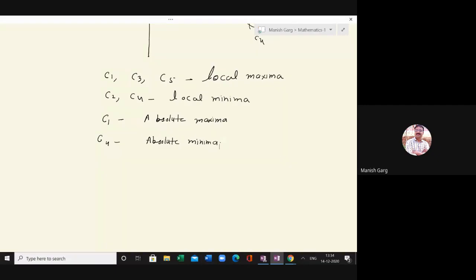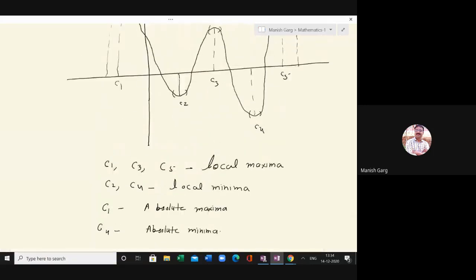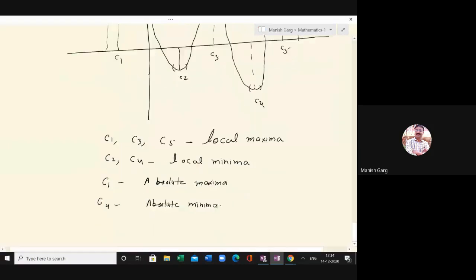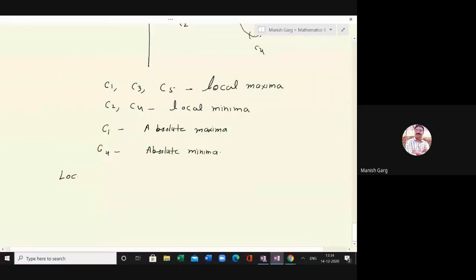Now you can say the local maxima or local minima should be interior points, because you take the neighborhood, and the neighborhood is on both sides. So you can note local maxima or minima should be interior points.